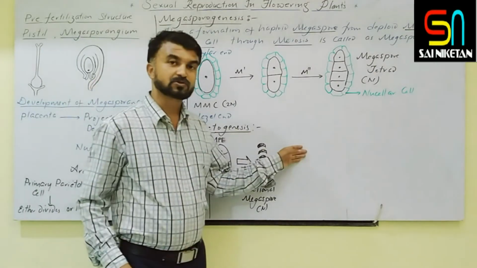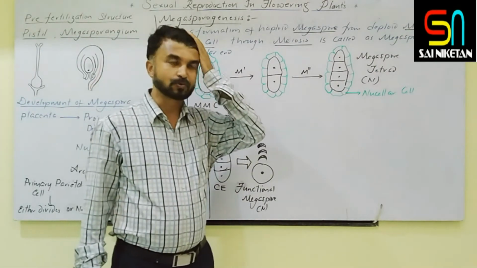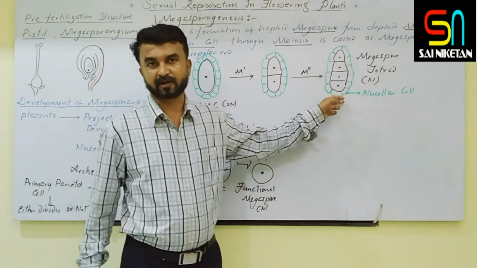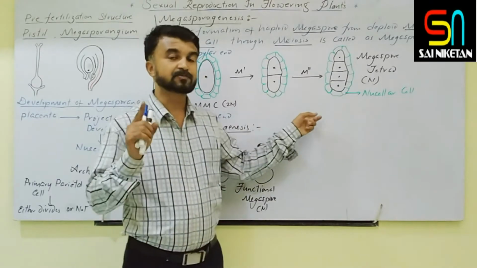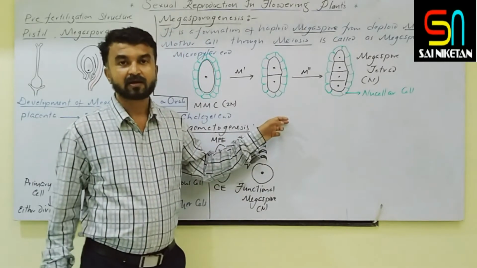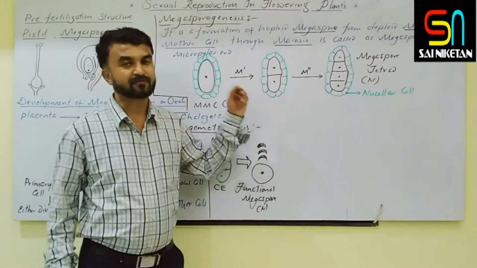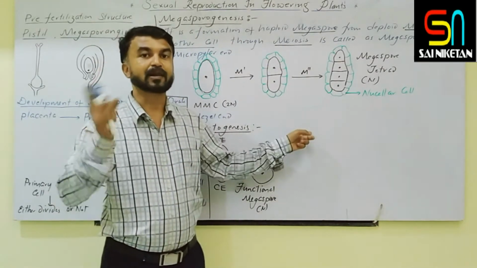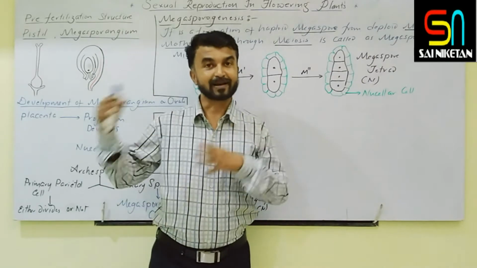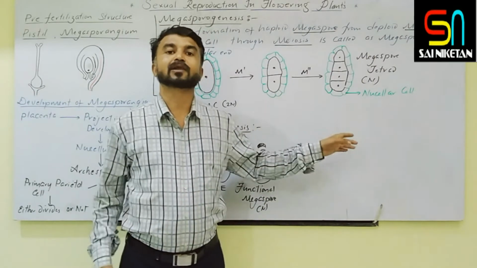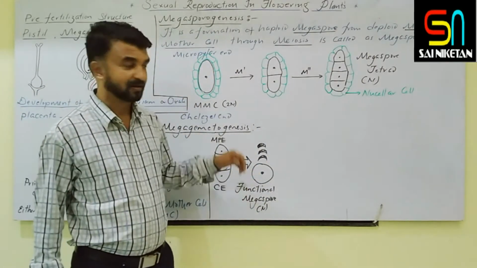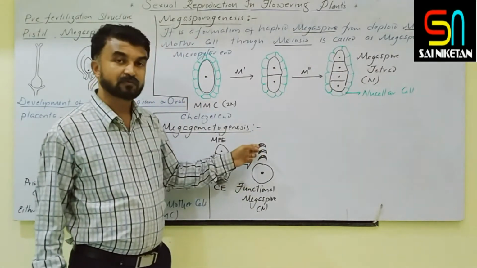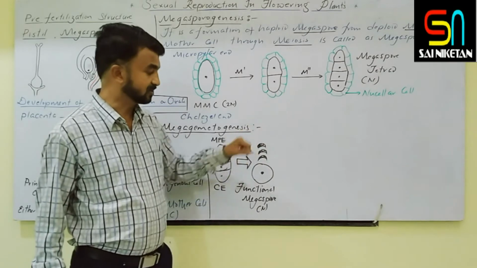In microsporogenesis, all 4 microspores have the potential to develop into pollen grains. Means from each pollen mother cell, 4 microspores are produced. Those 4 microspores develop into pollen grains, and all pollen grains are the male gametophyte. Means in the male reproductive part, millions of male gametophytes are produced, but in the female reproductive part, out of these 4 megaspores, 3 megaspores present toward the micropylar end degenerate.